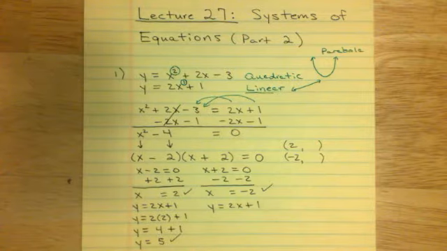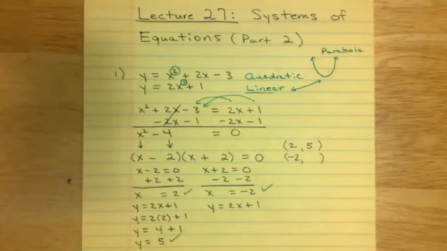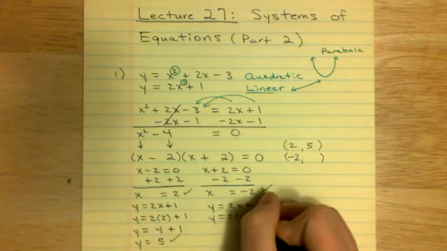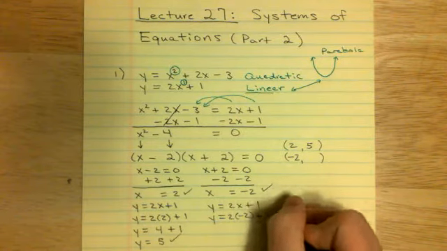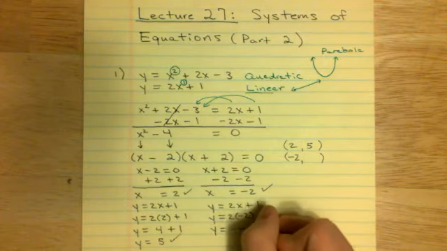So now I know what the y value is, and I can put that inside my first point. I can put the 5 in the y coordinate. So on the right side, I can plug in negative 2. I get 2 times negative 2 is negative 4.